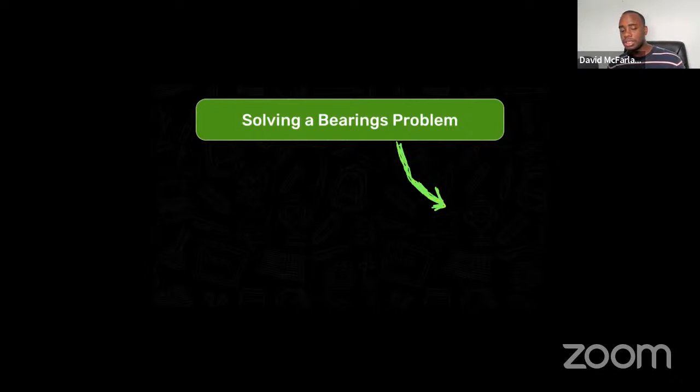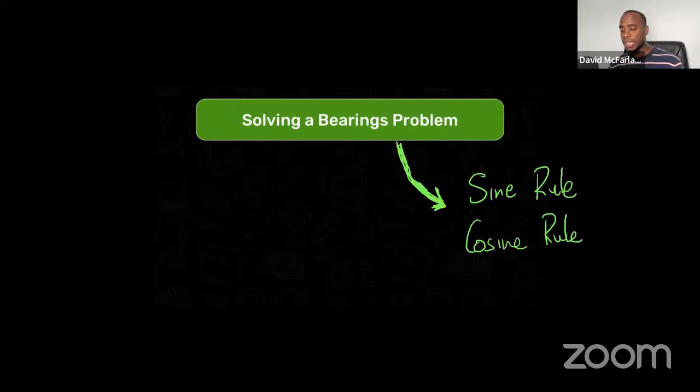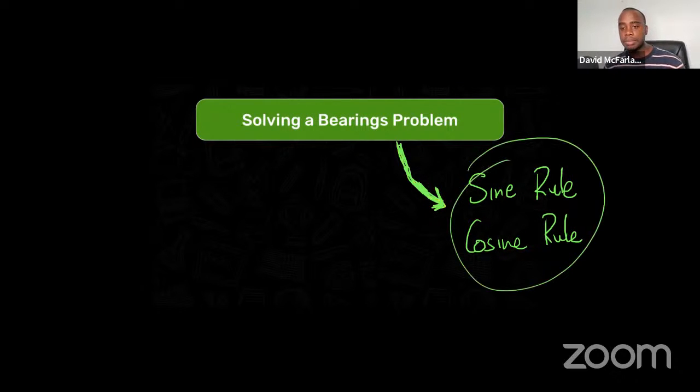All right, yeah, it's the sine rule, or the cosine rule, and those kind of go hand in hand. These can be used to find either an unknown side or an unknown angle.